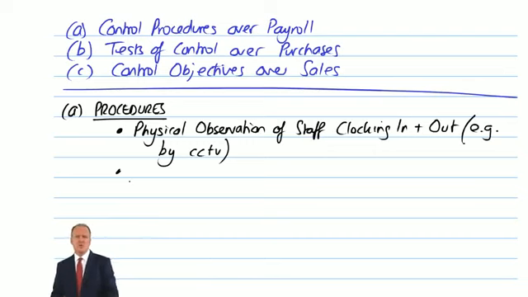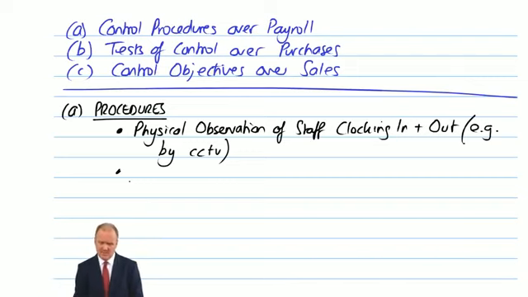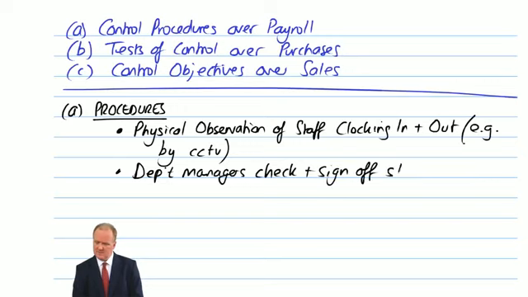How do I know that staff who don't clock in and out but fill in a timesheet are telling the truth? I don't know. I would have departmental managers check and sign off staff timesheets before they get paid.